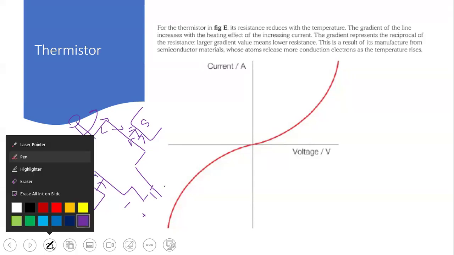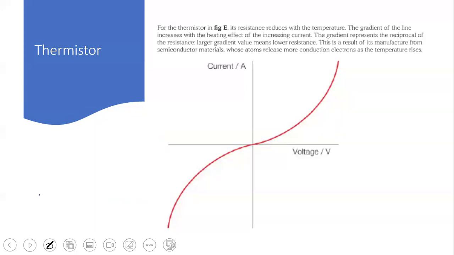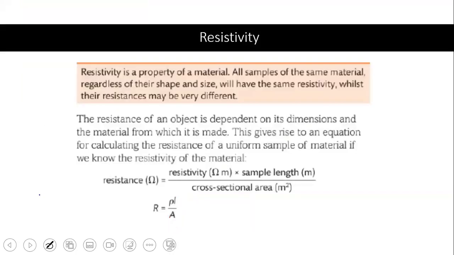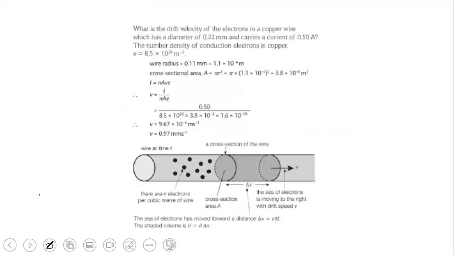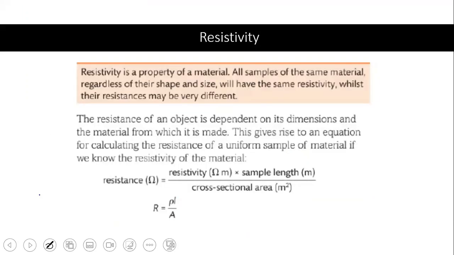Okay. So this is what you need to know about your variable resistors. When we talk about the resistance of any material, it is going to depend upon three things.